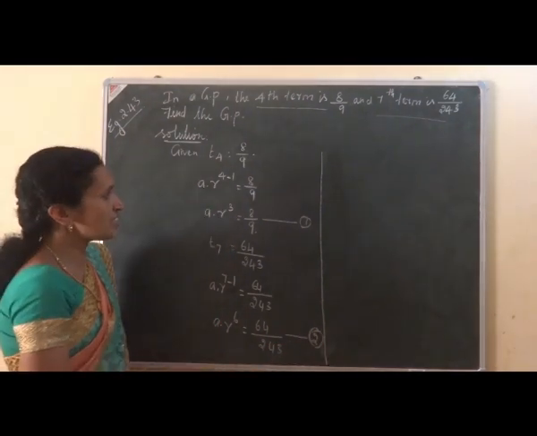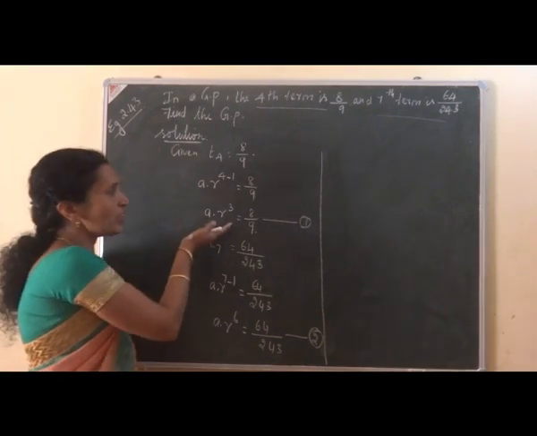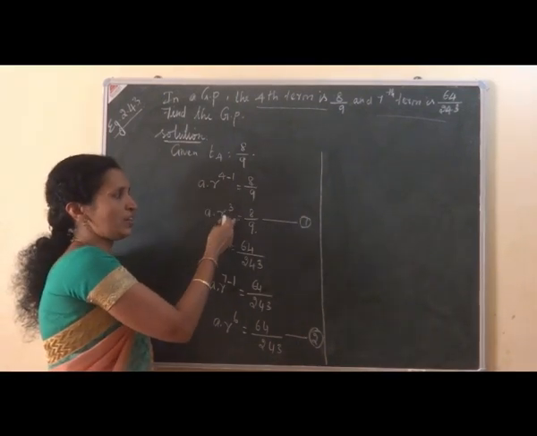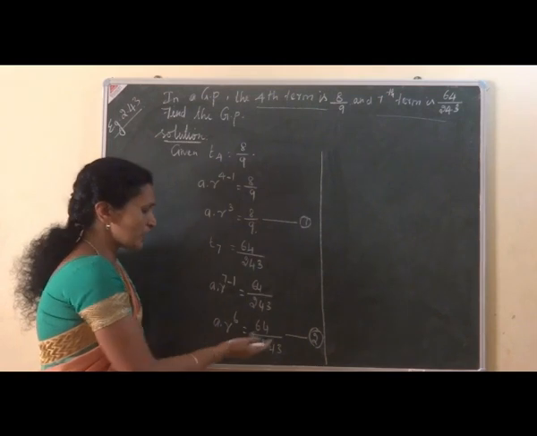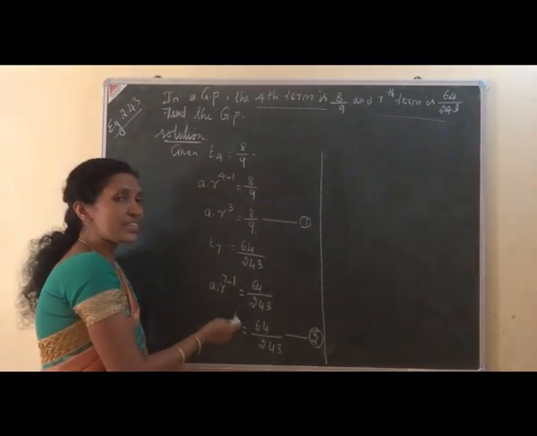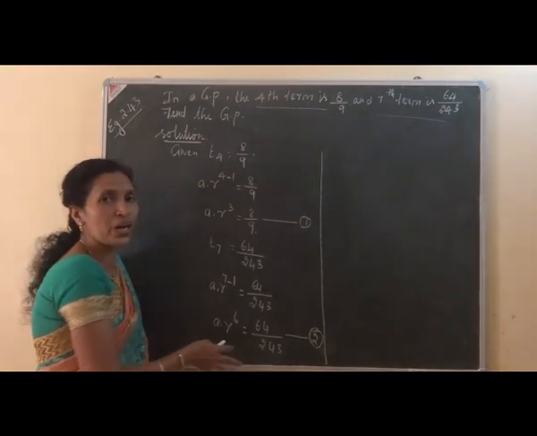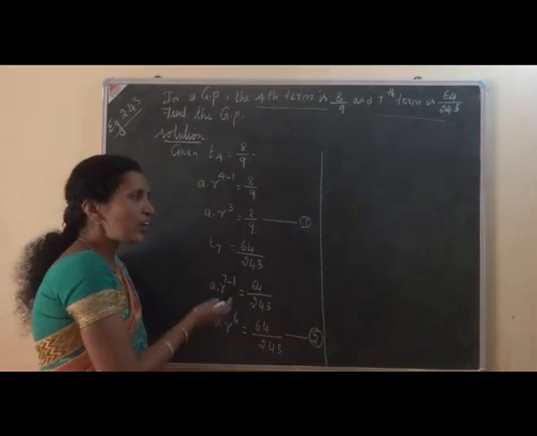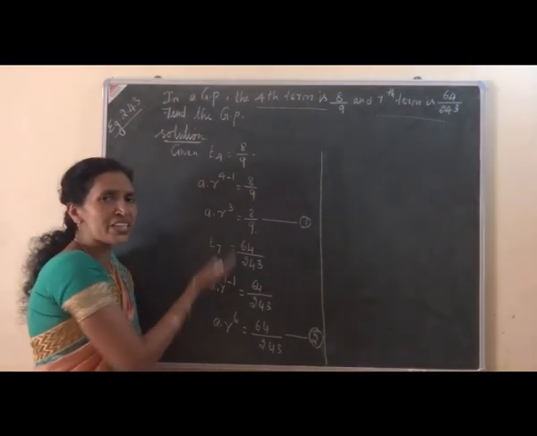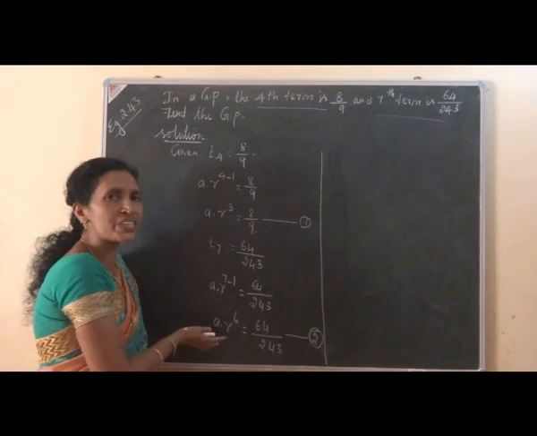Now listen, students. Equation 1: A into R power 3 equal to 8 by 9. Equation 2: A into R power 6 equal to 64 by 243. Do you have any idea about these two equations?